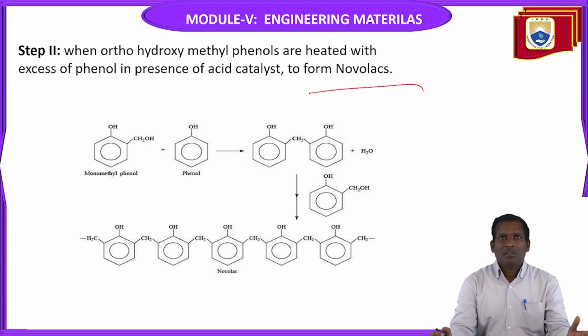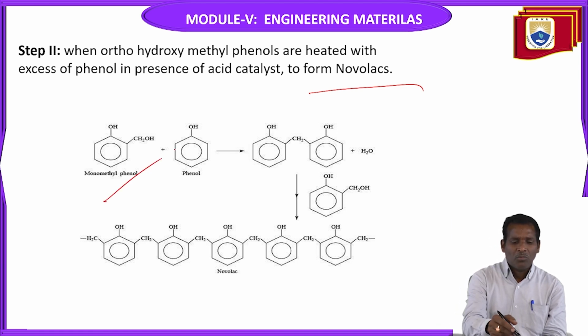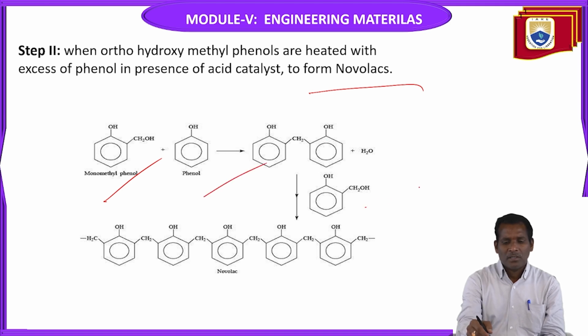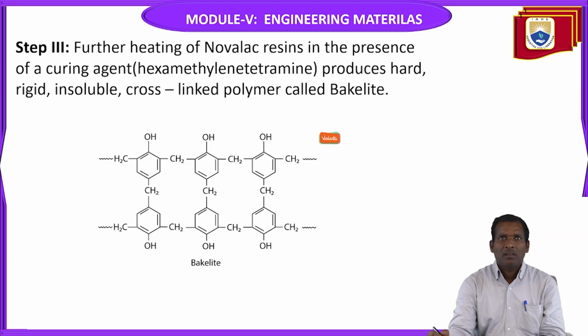Here, the excess phenol in the presence of an acid catalyst, monomethylol phenol plus phenol, gives this novolac formation. Step 3 is further heating of novolac resins in the presence of a curing agent.